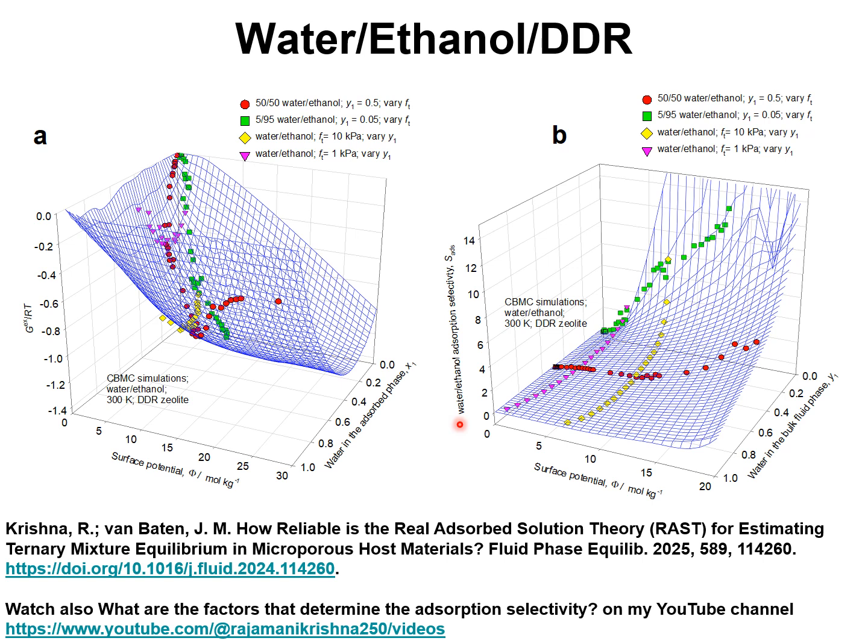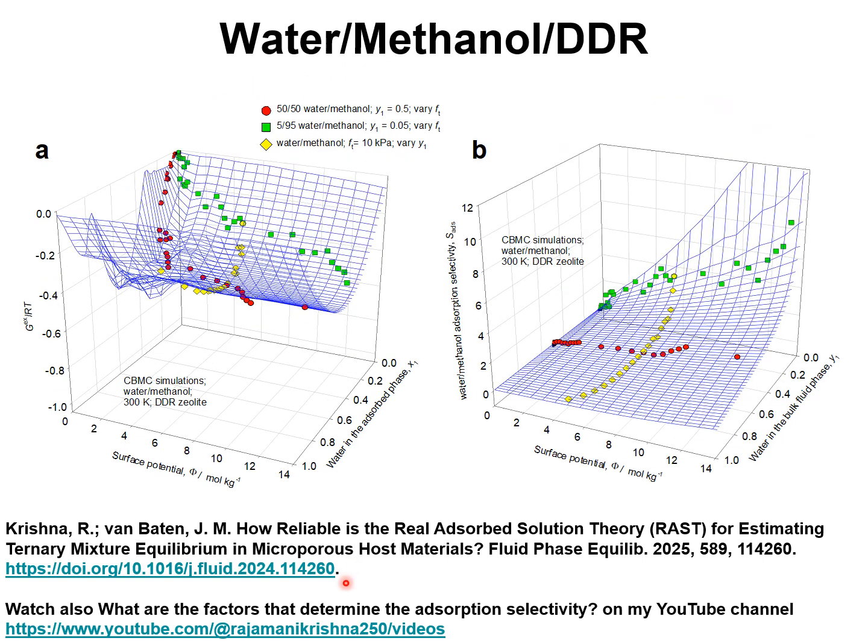The water-ethanol adsorption selectivity shows a unique dependence on the set of two parameters, phi and the mole fraction in the bulk fluid phase. We see that the CBMC data set resides on this 3D mesh that is created using the NRTL description of activity coefficients.